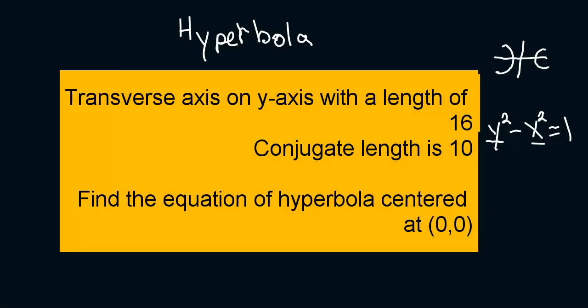If the transverse length is 16, your transverse length is equal to 2a. If I divide both by 2, I get a is 8. My conjugate is 10, which means 2b equals 10, so b is going to be 5.